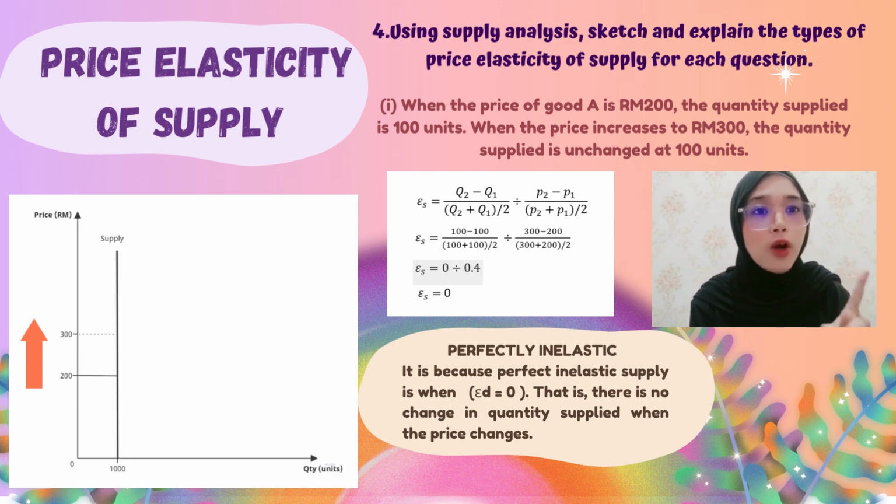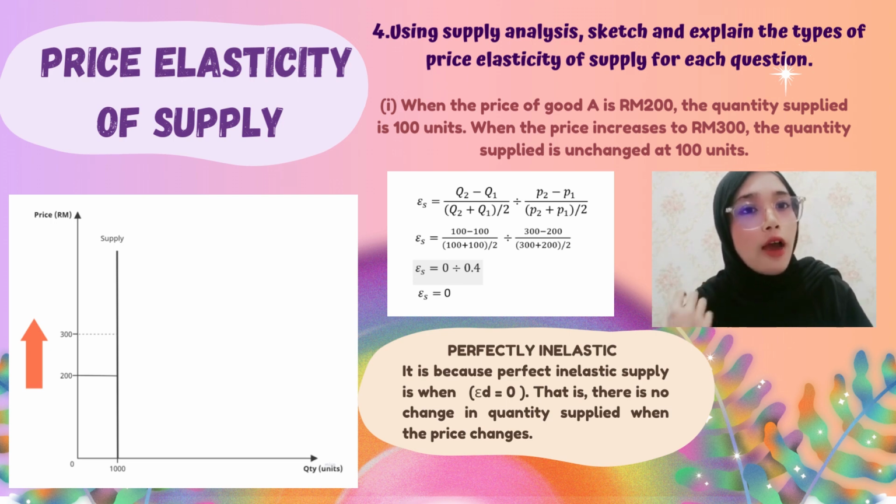So for question 1 Roman, when the price of good A is 200 ringgit, the quantity supplied is 100 units. When the price increases to 300 ringgit, the quantity supplied is unchanged at 100 units. So firstly, we need to calculate the price elasticity using the formula that has been given. We need Q1, 100 units, and Q2 also 100 units because the quantity is unchanged.